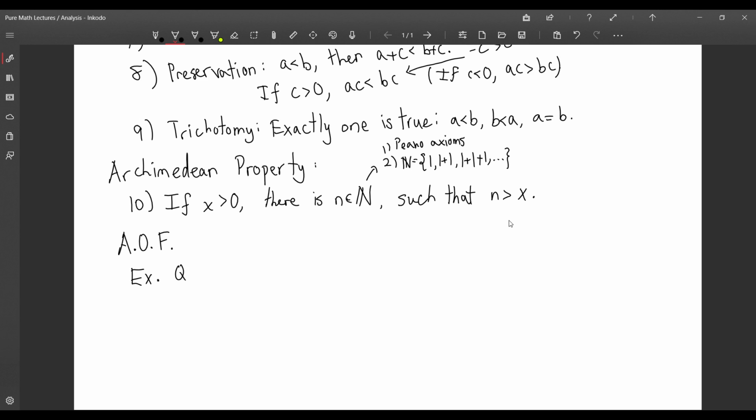As an example, we have the rational numbers, which consists of fractions a over b, where a and b are integers. And again, you can define the integers from the natural numbers, and therefore you can define the rational numbers. This is an Archimedean ordered field, but this is not the real numbers that we're looking for.